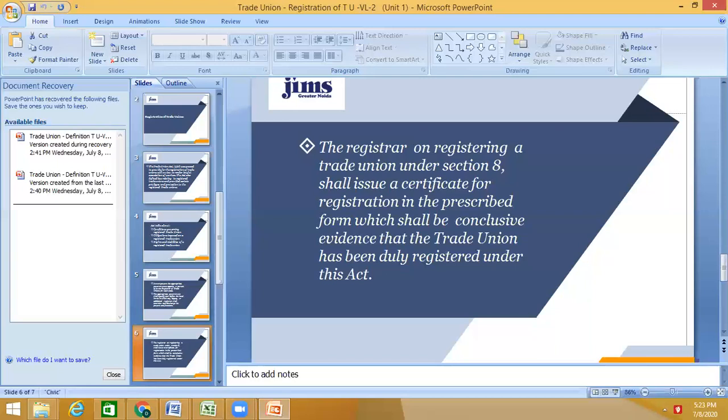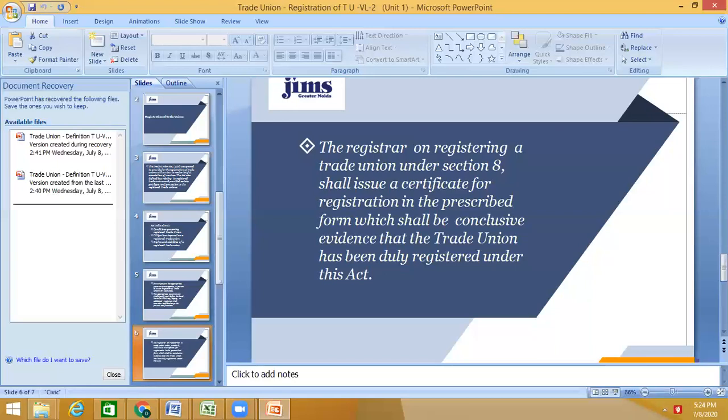Means you have defined certain rules, whether members will follow those rules, and in case of breach of those rules, what would be the penalty, what would be the fine, what would be the forfeiture procedure, that you have to clarify.